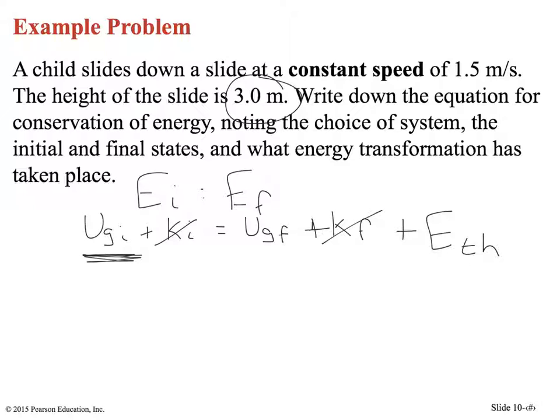So in this case, we take into account the 3 meter drop is converting some energy to thermal energy. So take note of those systems. How they can remain at a constant speed is because energy is being transferred to thermal energy.